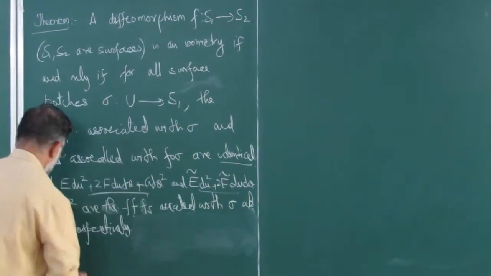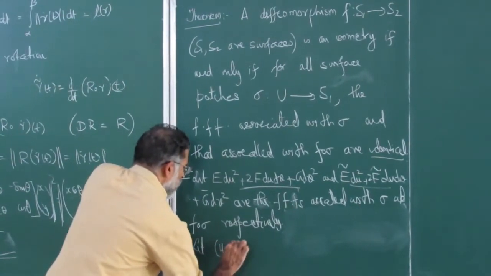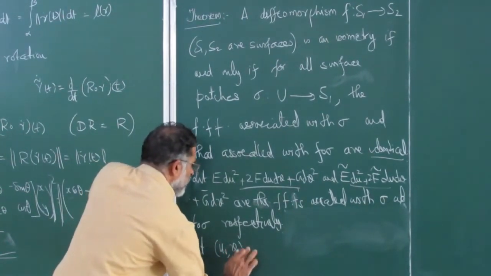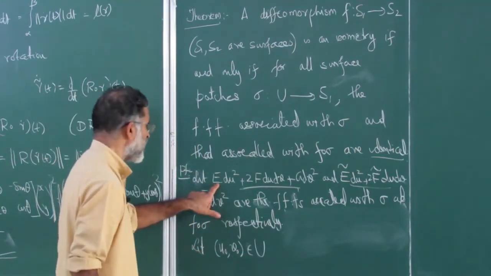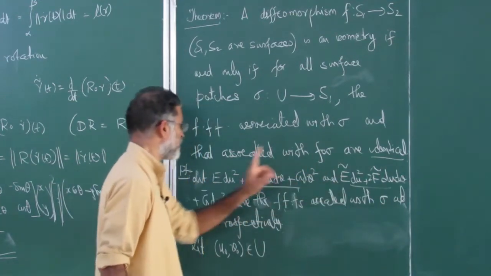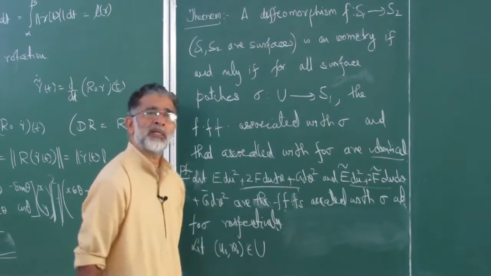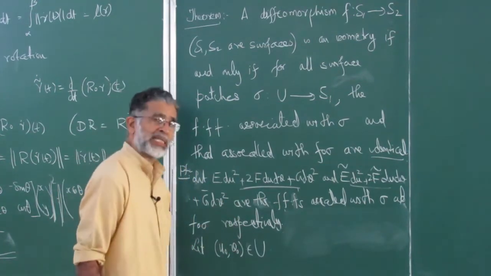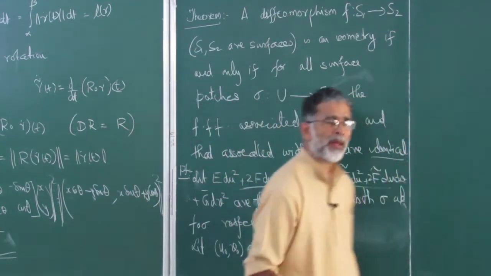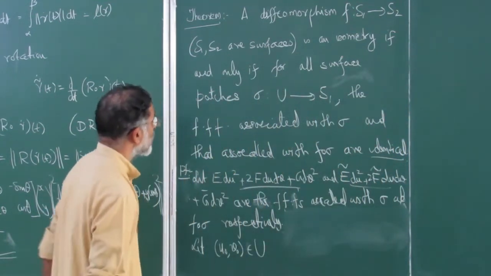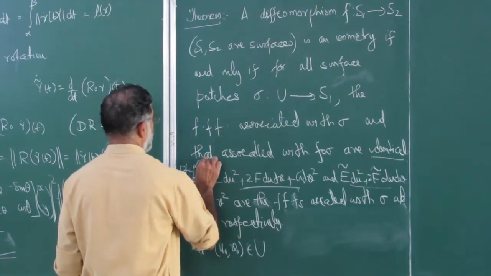So let U0, V0 be a point in U. Now here you show that E(U0, V0) is equal to E tilde(U0, V0), F(U0, V0) equal to F tilde(U0, V0), and G(U0, V0) equal to G tilde. Because U0, V0 is arbitrary, the matter gets over. Okay. But remember, what is given is that, I assumed, let F be an isometry.